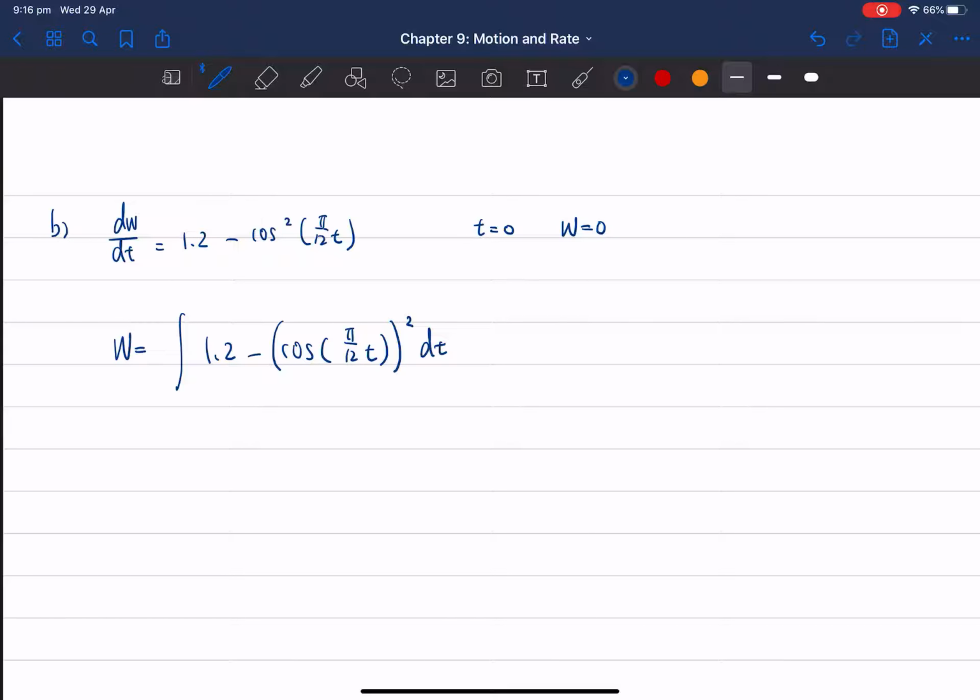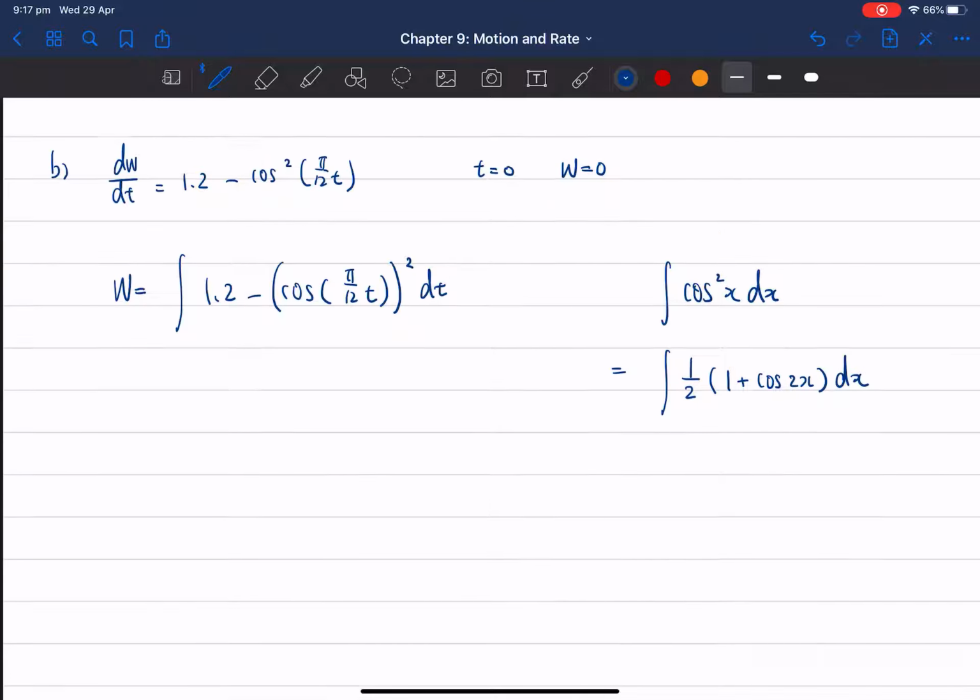So the question comes to, how do we integrate cosine square x? Not really sure if you still remember this, but we've got a formula for cosine squared x. If you want to integrate this, we need to change that into half brackets 1 plus cos 2x to integrate these. So now it's very similar to this question here.